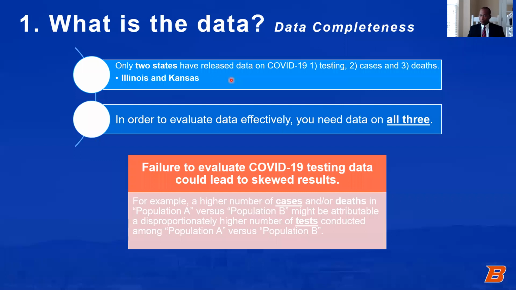Failure to evaluate COVID-19 testing data could lead to skewed results. For example, if you have a higher number of cases and/or deaths in population A versus population B, this could be attributable to a disproportionately higher number of tests conducted in that population. So it's really hard to identify differences in data, especially in cases or deaths, if you don't have complete information regarding testing.